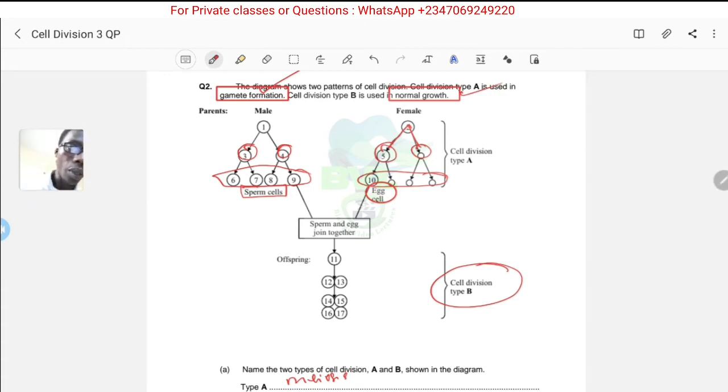So this is mitosis. Let me say it here for the sake of revision: all cells in our body, or all organs in the body, reproduce or divide by mitosis, except for the reproductive cells, not organs.